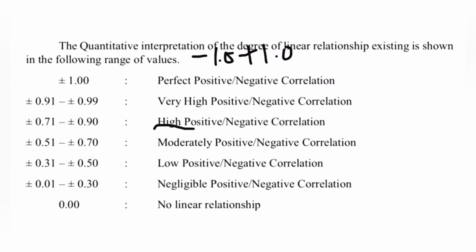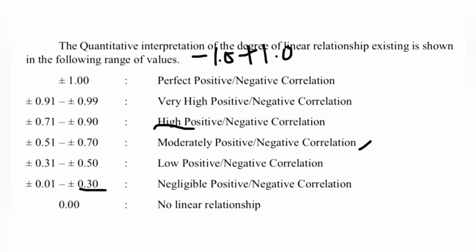Kapag naman positive or negative 0.51 to 0.70, yun naman yung kanyang moderate positive or negative correlation. Positive or negative 0.31 to 0.50, low positive or negative correlation. Positive or negative 0.01 to 0.30, negligible positive or negative correlation.